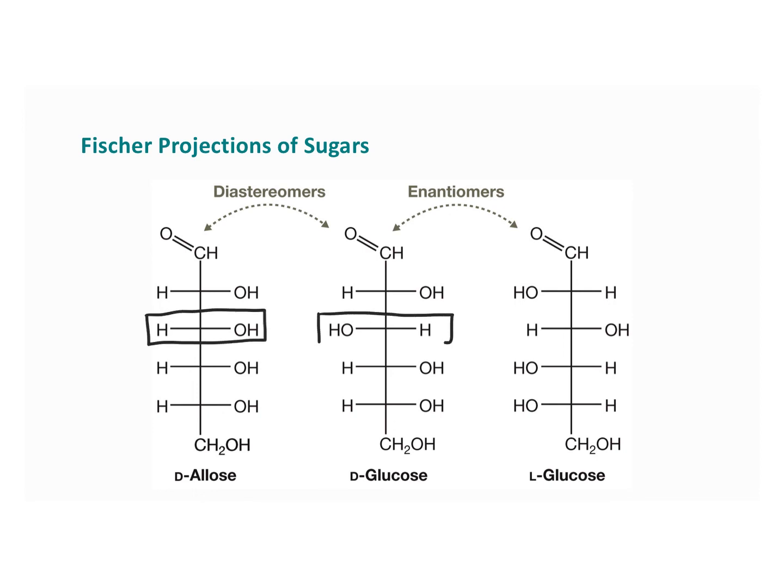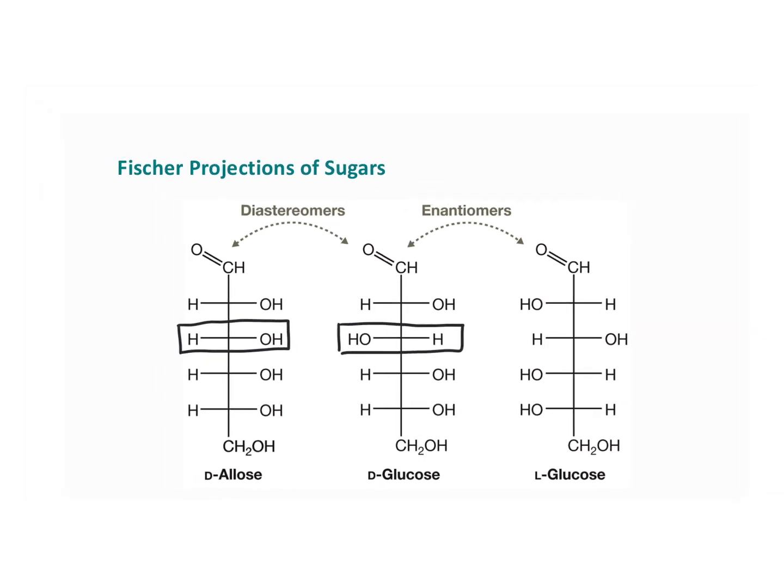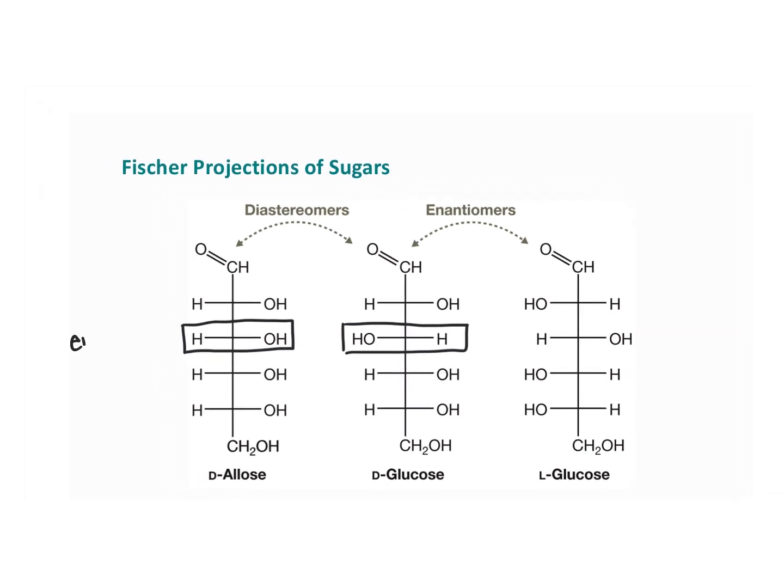So these 2 guys right here are opposite of each other, and so that means those are diastereomers. If they are opposite of each other at just one configuration, we have a more specific term that's called an epimer.